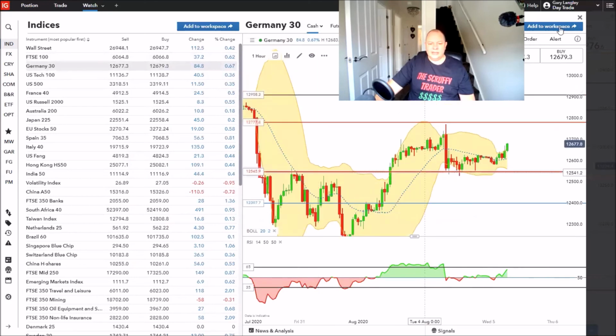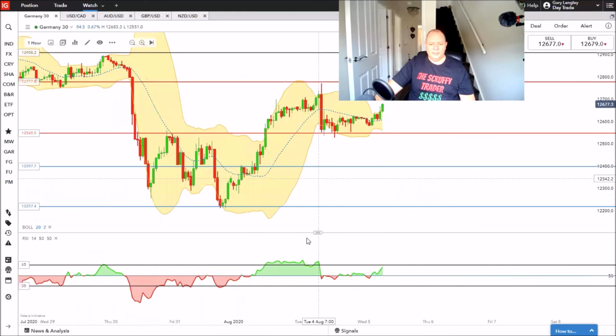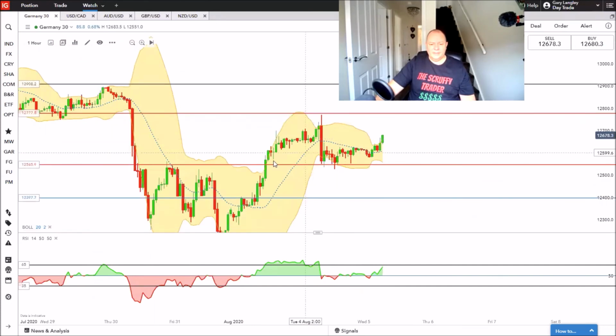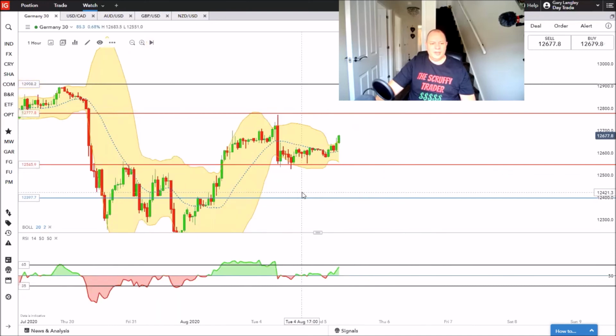I do like the DAX. The DAX is a great market. I trade this quite a lot. It's a dangerous market because it moves very quickly. That's pushing up. I'd want to see that come up to about here and then look for a reversal. So possibly this afternoon.